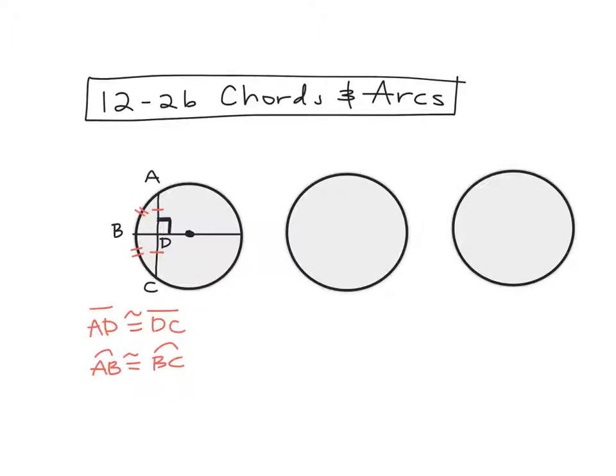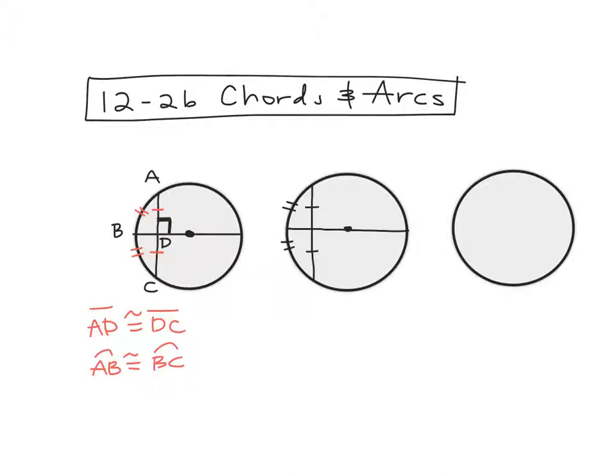The second theorem says if a segment bisects the chord and goes through the center, then it's perpendicular. So for this one, we know we go through the center. In other words, we know we have a diameter. Okay? And then the chord and the arc are bisected. So we know this is true and this is true. Okay?